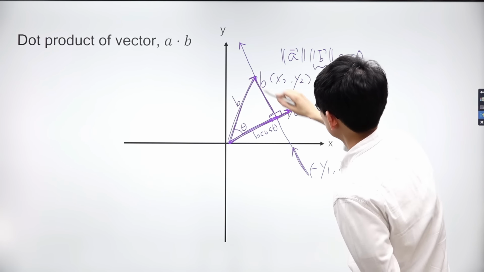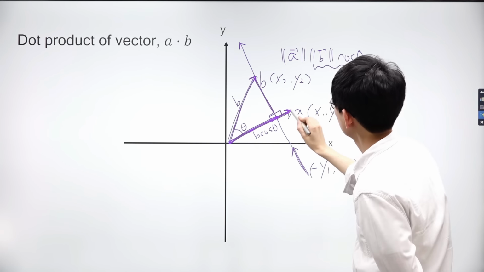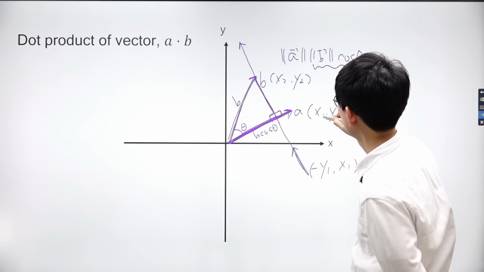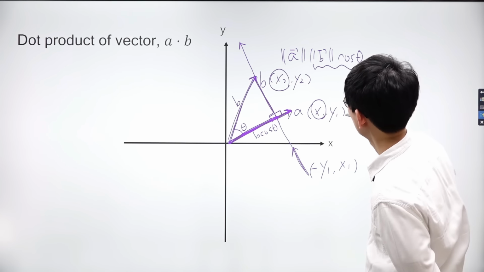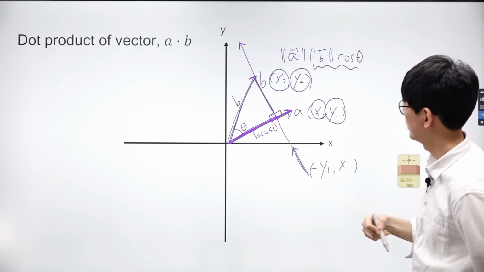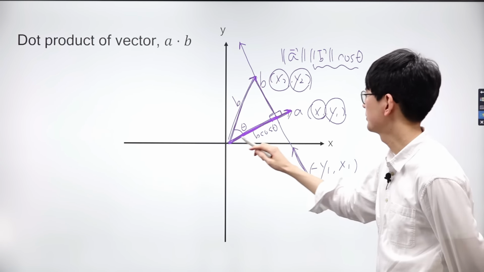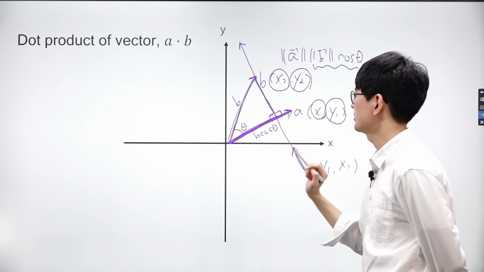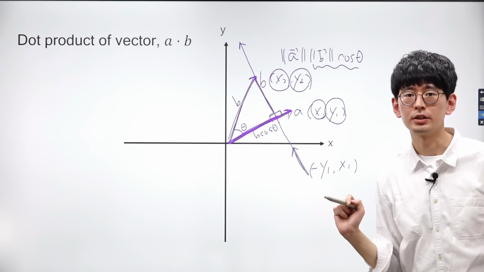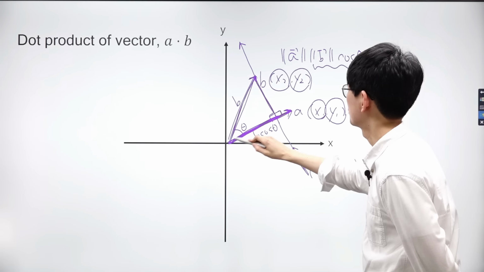As mentioned earlier, the dot product of two vectors is calculated by summing the products of their corresponding components. When summing the products of their corresponding elements, the perpendicular components are eliminated, leaving only the parallel components.